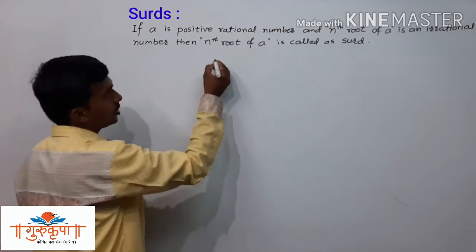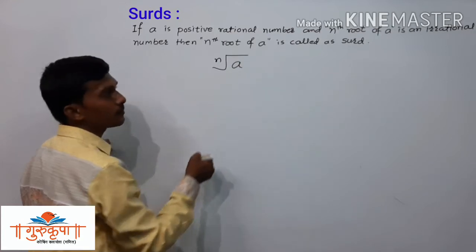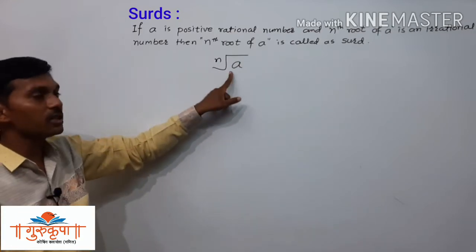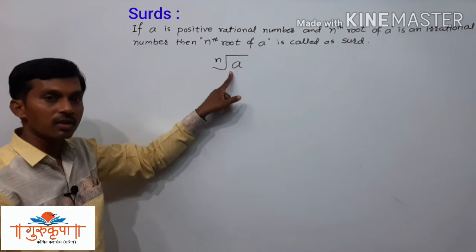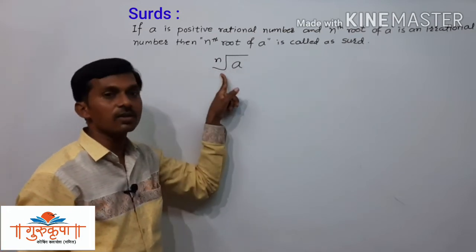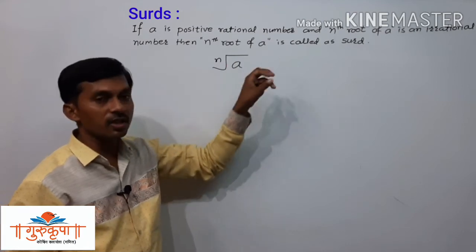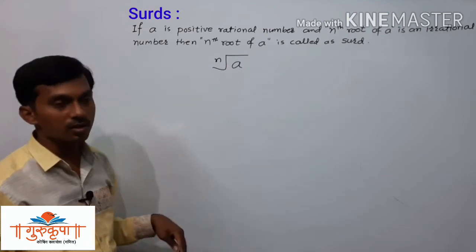Here we write the nth root of a. If this number is irrational, then it is called a surd. And if the value of this number is rational, then it is not a surd.